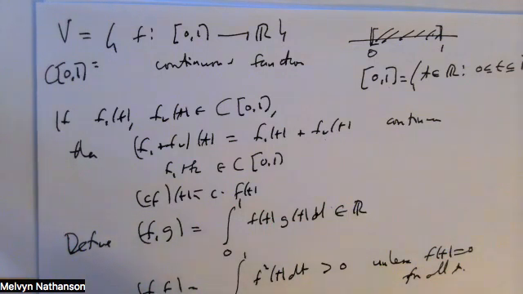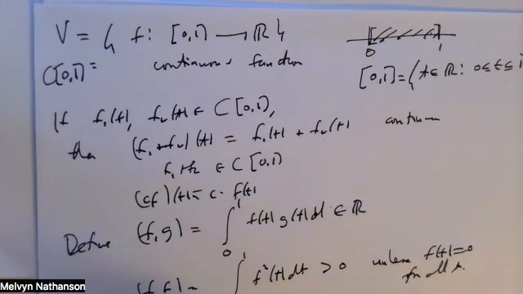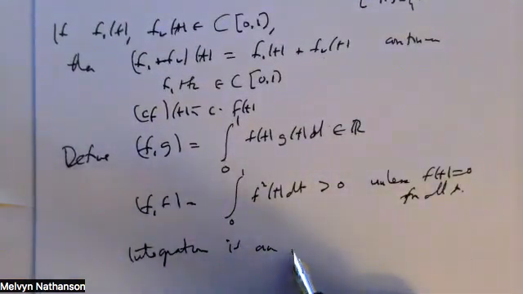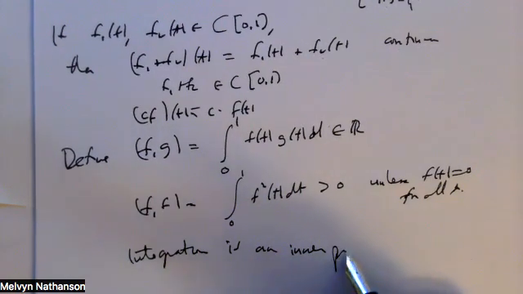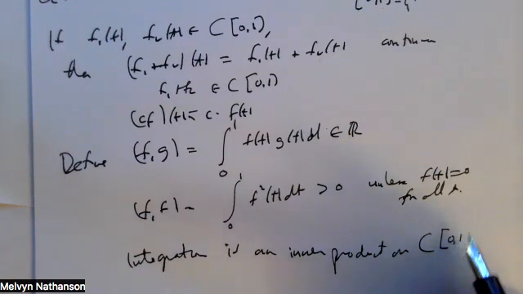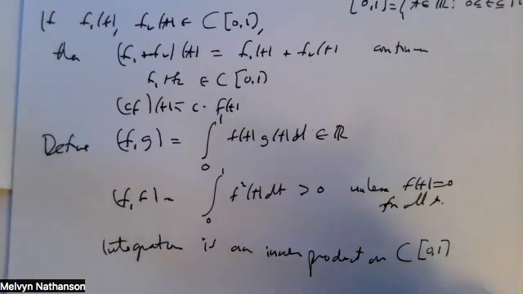So integration from 0 to 1 is an inner product on the real vector space of continuous functions from 0 to 1.